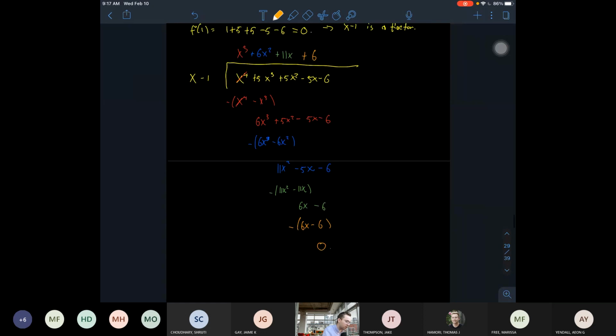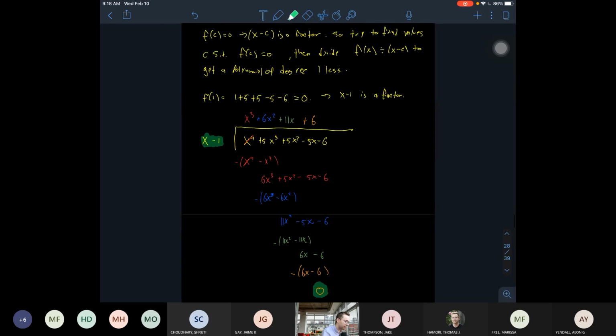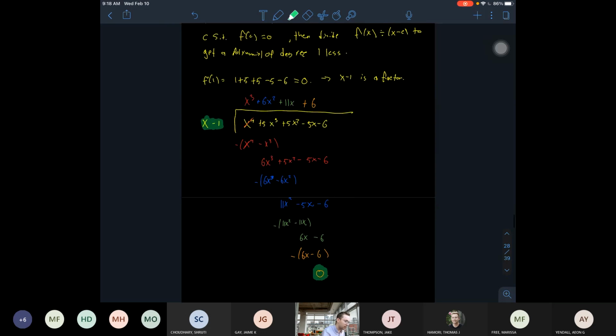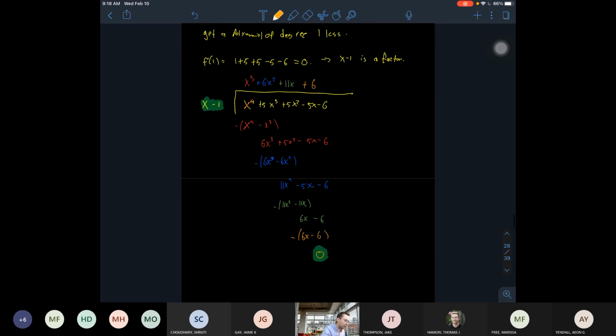And I knew from the start that I was going to get 0 because I knew that x minus 1 is a factor of my polynomial. Since it's a factor, I knew that it was going to divide evenly. Okay, so now what have I said?